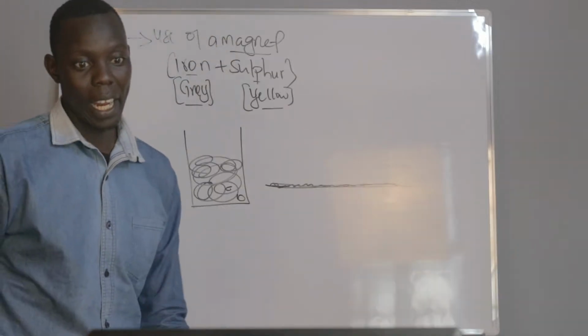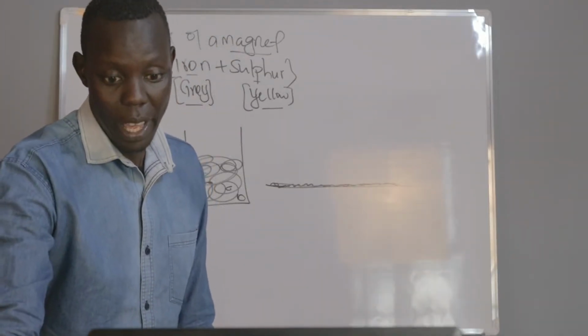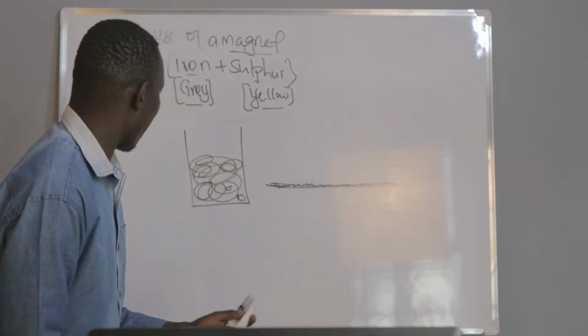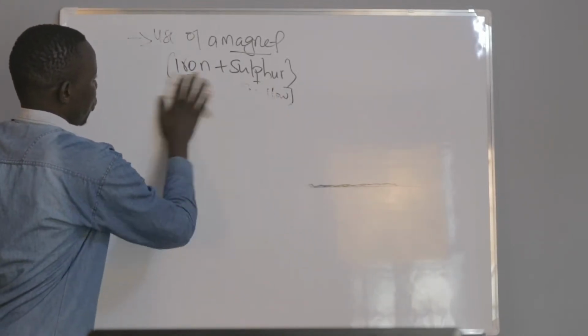So that was our first method. It's called magnetism. So let's proceed. It is used when one of the components is magnetic. Now method number 2 is sublimation.